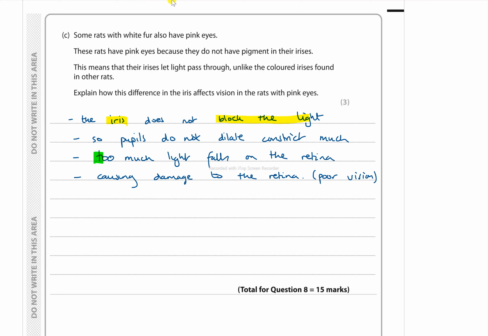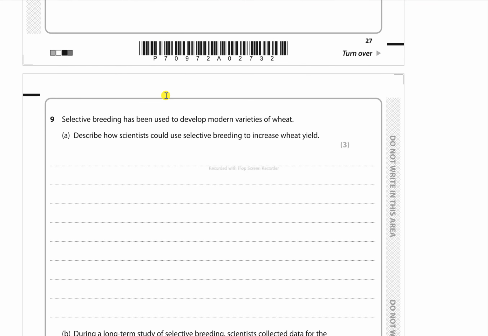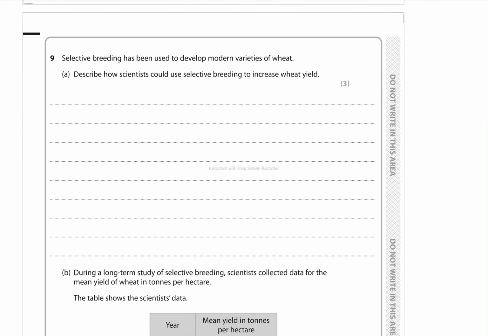Long term, this can cause damage, leading to poor vision. So then you're not able to see either in bright light or dim light, so you have to rely on other senses. That definitely was a tough one.